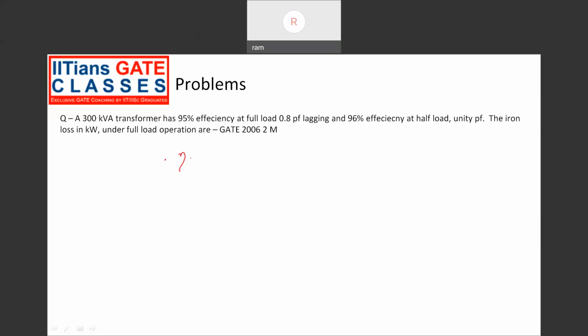We know that the efficiency at full load can be given as 300 into 10 cube, because it's kVA, into power factor 0.8, by 300 into 10 cube into 0.8 plus iron loss plus copper loss.